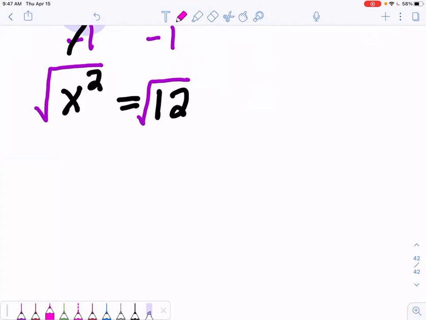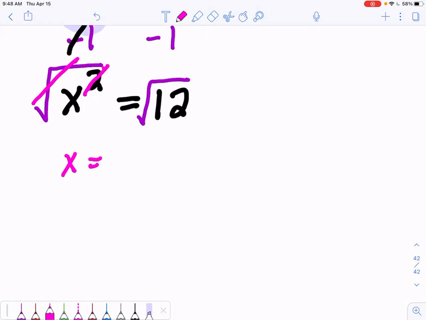So on the left, the square root of x squared, think of these as canceling each other out. So the square power and the square root symbol cancel and get x by itself, because the square root of x squared is just x, because x times x makes x squared.